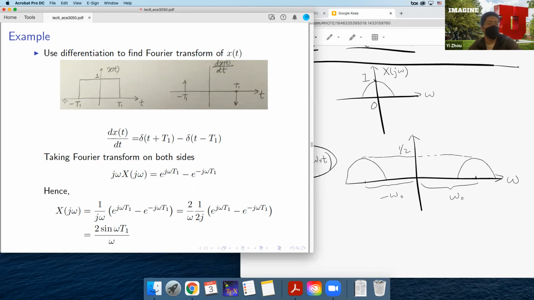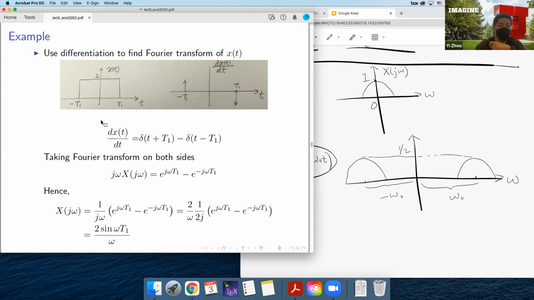From the picture, you end up with a pair of impulses, because only at this point we have an instant jump. So this will generate a positive impulse. And then at the location T1, we have an instant drop. This will create a derivative given by a negative impulse. So essentially, the derivative of x(t) is given by such a pair of impulse signals.